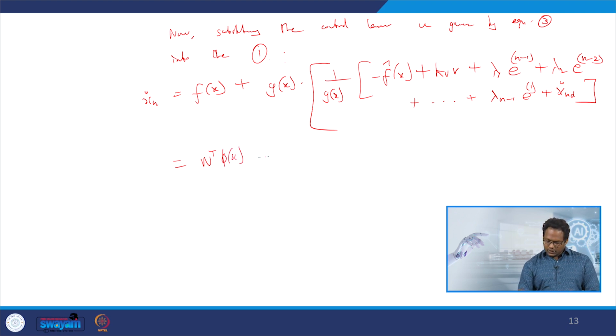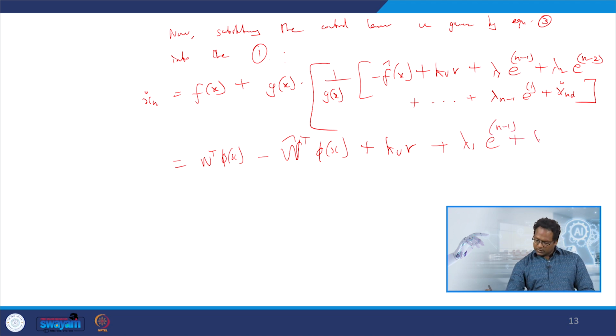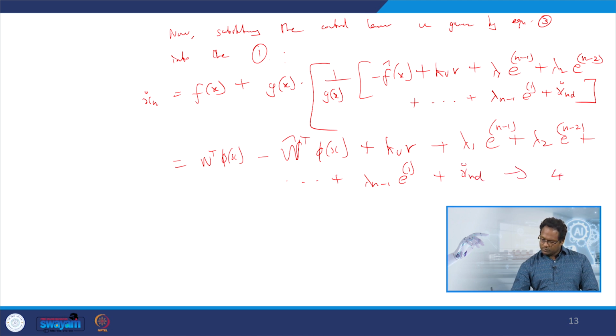W transpose phi of x minus f hat of x is given by W hat transpose phi of x plus kv r plus lambda 1 into n minus 1th derivative of e plus lambda 2 n minus 2 derivative of e plus it continues lambda n minus 1 first derivative of e plus x n d dot. This becomes equation number 4. Okay guys, now let us continue this.